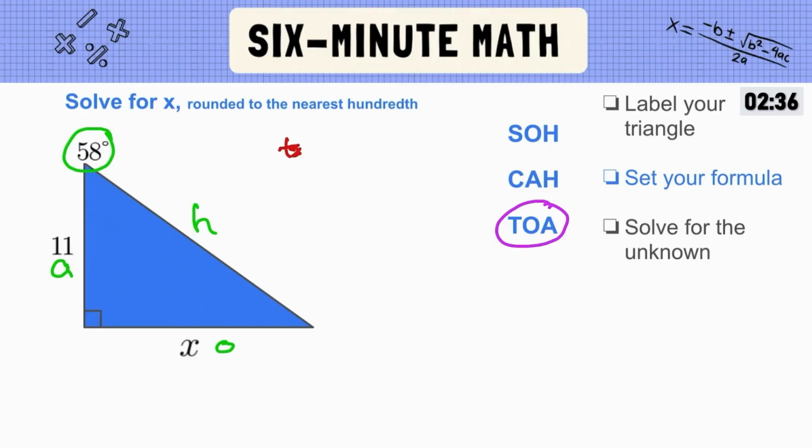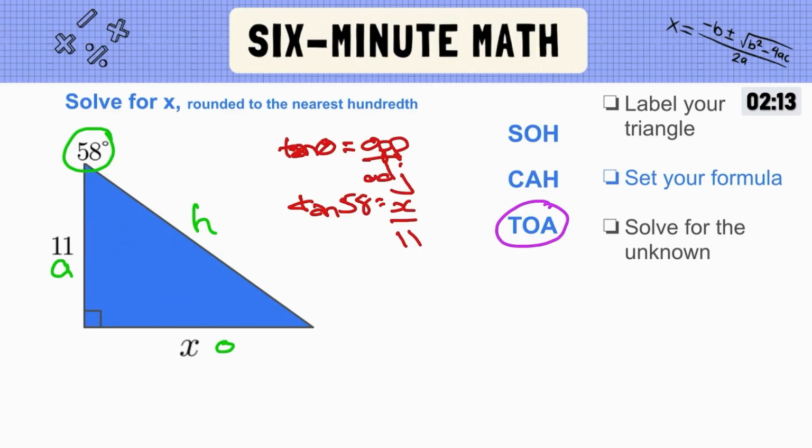So we have tangent theta is equal to opposite over adjacent, and then I can plug numbers in. We have tangent of 58 is equal to x over 11.